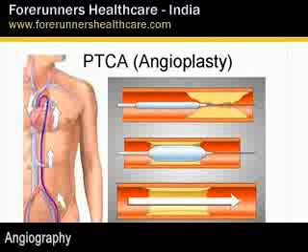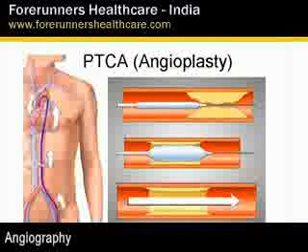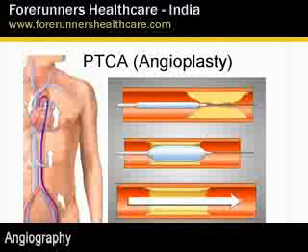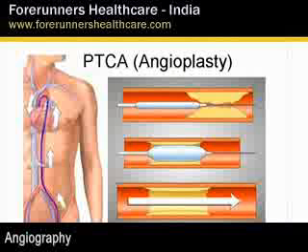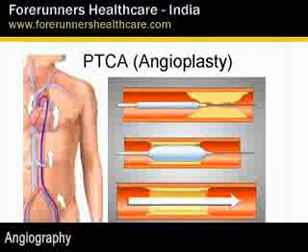The next most important thing to talk about is angioplasty, or technically known as PTCA. Once again, on the left side you can see the human figure. There's a catheter which has been placed and has reached the heart, a very similar thing that you saw earlier in the angiography slide. But here, through a catheter we push a structure which goes and reaches the place where there is the blockage.